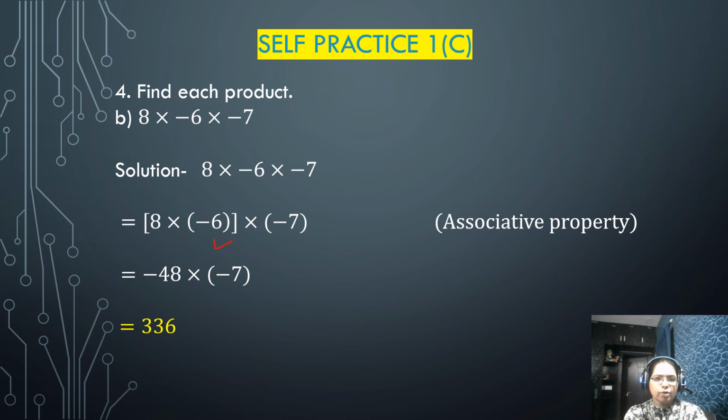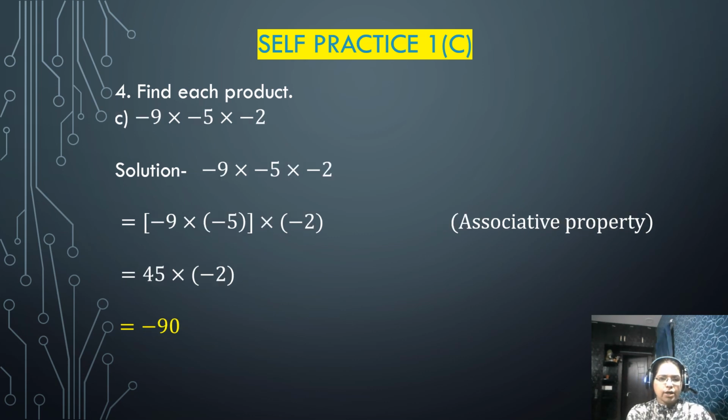Then we multiply minus 48 with minus 7. Both are negative integers, so multiplication of negative integer with negative integer we get a positive integer. So minus 48 multiplied with minus 7 is 336. So 8 multiplied with minus 6 multiplied with minus 7 we get 336.